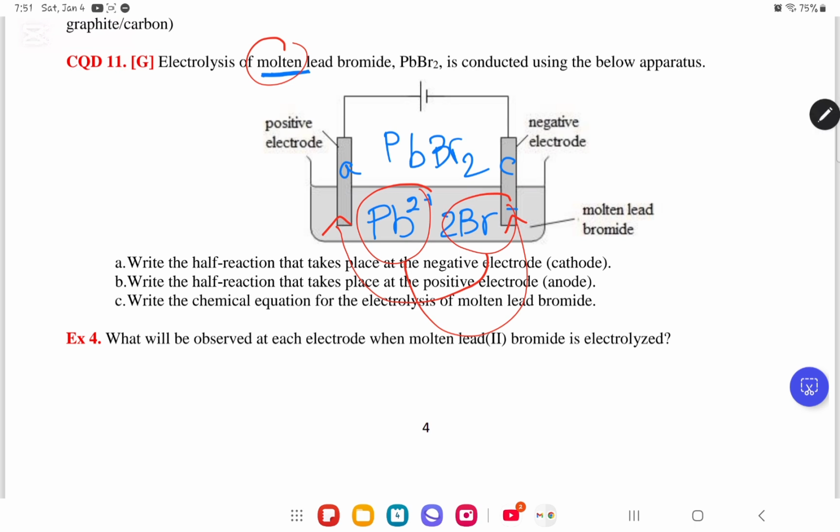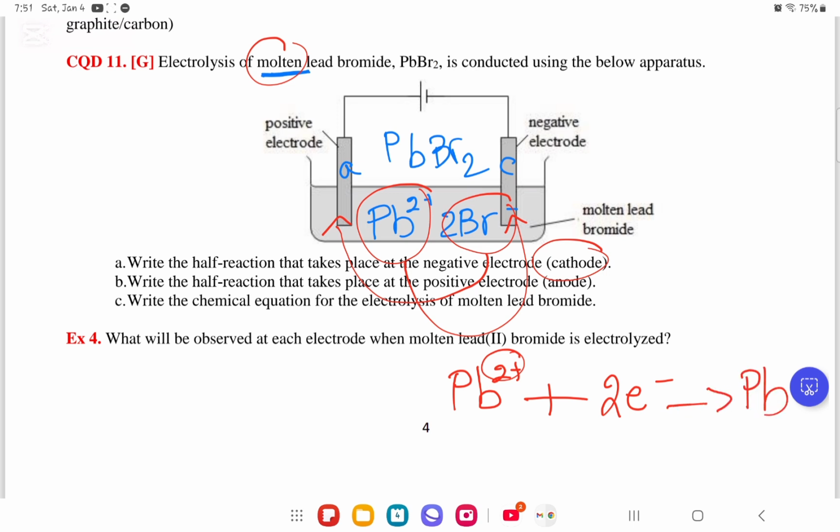So the half reaction that takes place at the cathode is Pb2+ in addition to 2 electrons. The 2 electrons replace the missing electrons, so the 2 minus counteracts the 2 plus, and that gives us Pb.